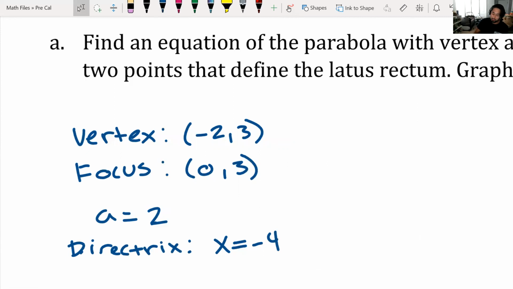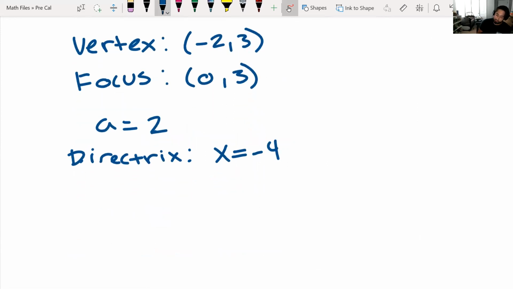And what we know is that this parabola opens right.